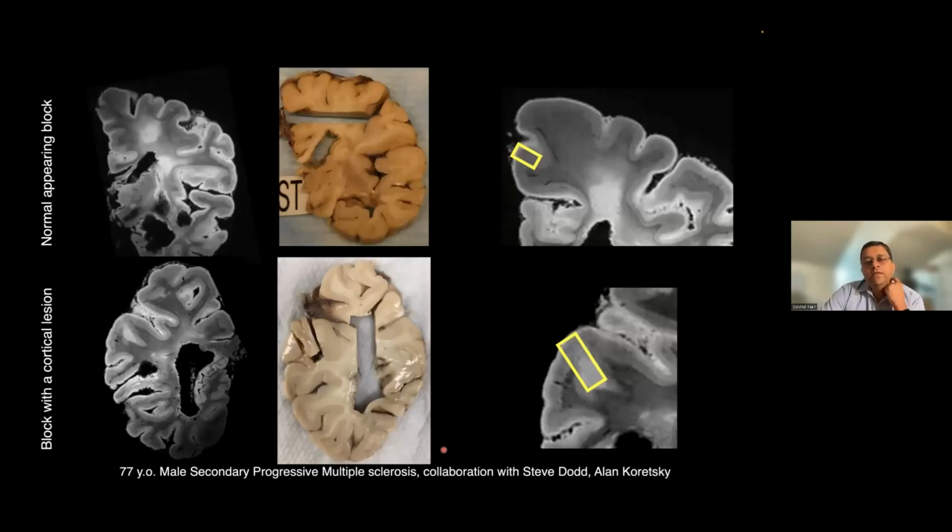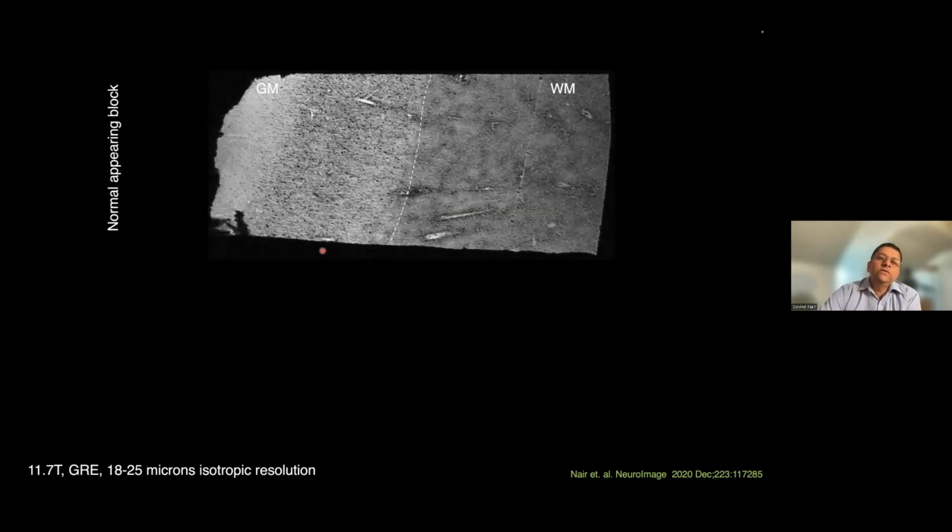So then we decided to look at the cortical lesion per se. We got these 2 blocks of tissue, one from normal appearing cortex and one from a cortical lesion. We took a tiny piece of tissue from both of them and did very high resolution imaging, at 18 to 25 micron isotropic resolution.